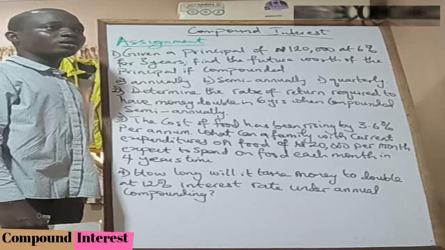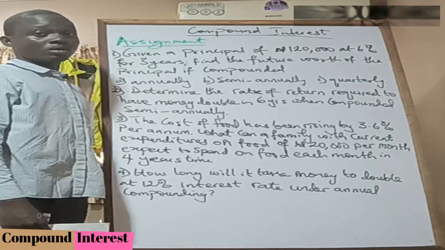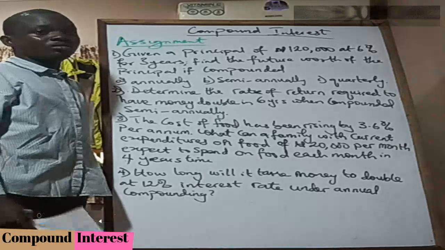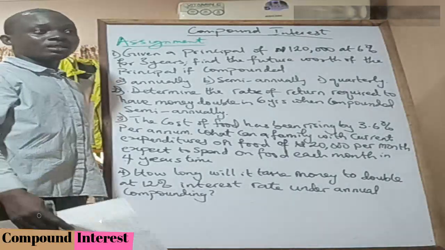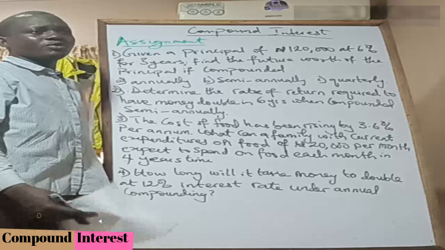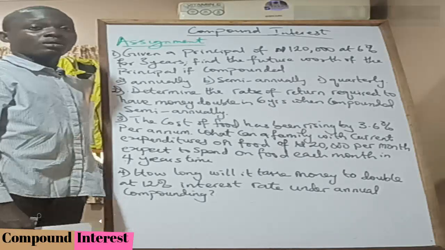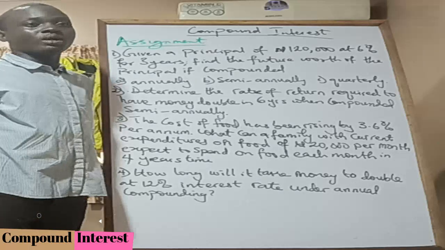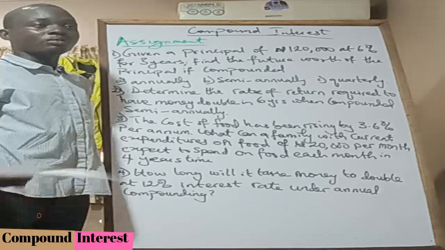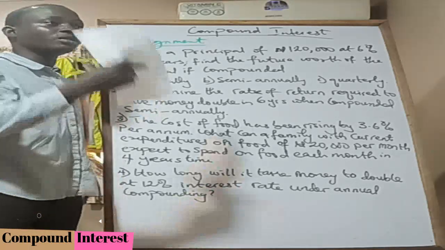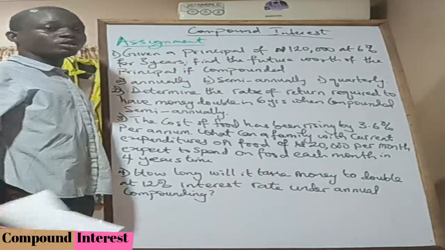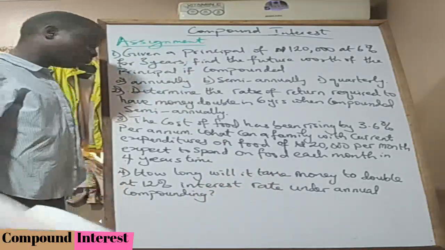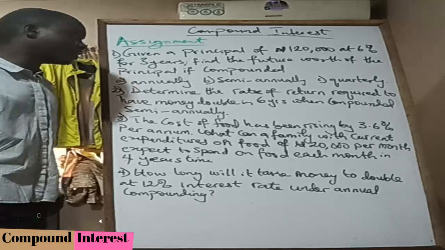So I think simple interest will not work because simple interest is not looking at compounding, but now it's saying that it has been compounded. Even if it's not up to a year, if you've been told that it was compounded, that means we should use the compound interest formula. It can't be simple interest anymore. So that's what I think. You have things like that.